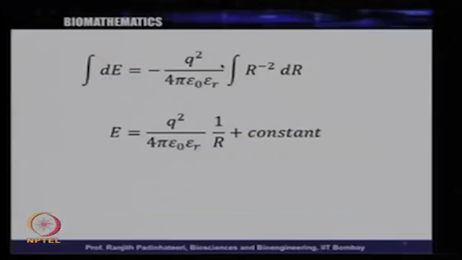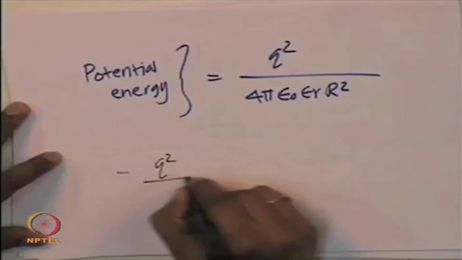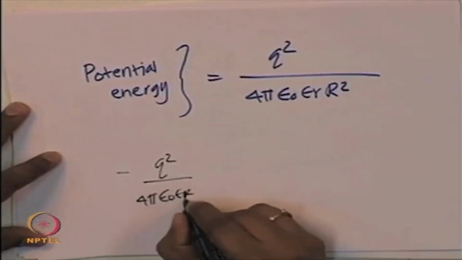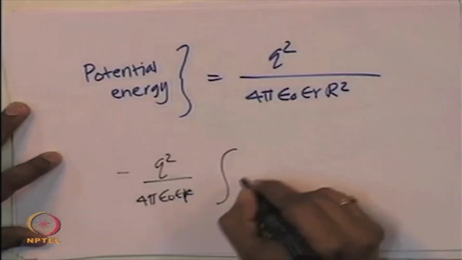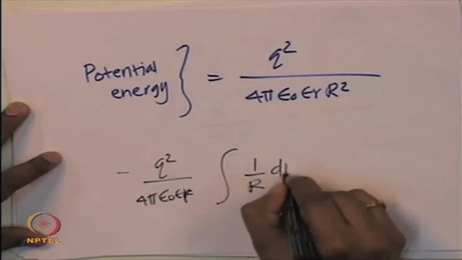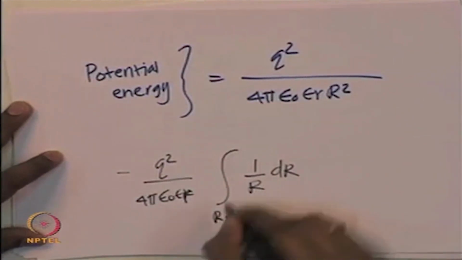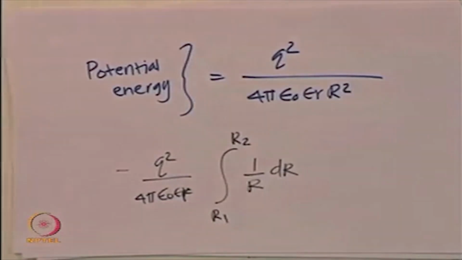If you look at the slide, what you have here is the integral of minus q square by 4 pi epsilon 0 epsilon r, times the integral of 1 over r dr. We can do this from r1 to r2 again. This is the same question. What are we asking here? We are asking, if you have a charge at this distance, and if you move this charge from this distance to this distance, how much energy does it cost to move this charge.